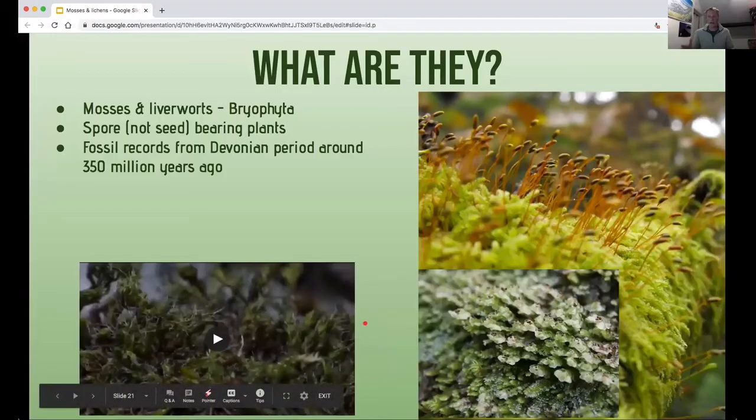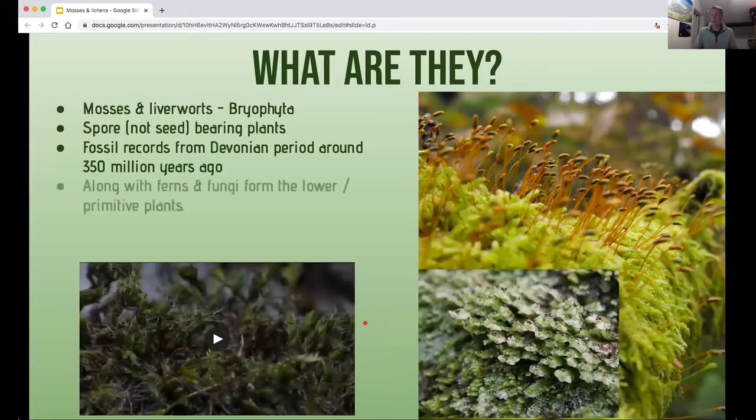So they have to withstand periods of drought, and those little hair-like structures you saw on those leaves there do help apparently with desiccation or tolerance from drying out. So they're known as the lower plants or the primitive plants, but really they're just very early. They evolved way before oak trees and bluebells arrived on the planet.